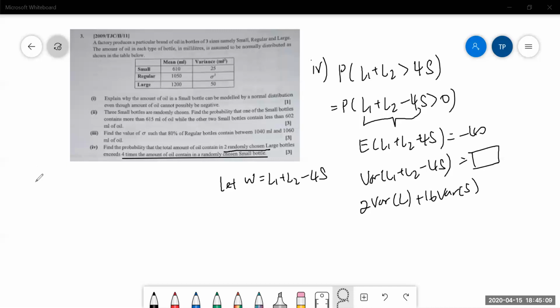Expectation of L1 plus L2 minus 4S. Okay, so it will give me 2 expectation of L minus 4 expectation of S, which is equal to 2 times expectation of L, which is 2,400, minus 4 times expectation of S, which is 2440.